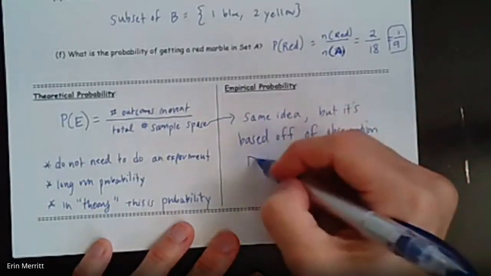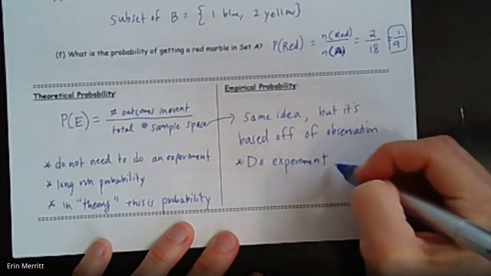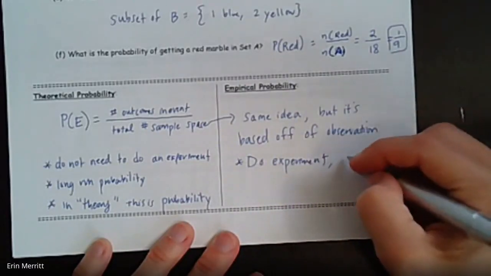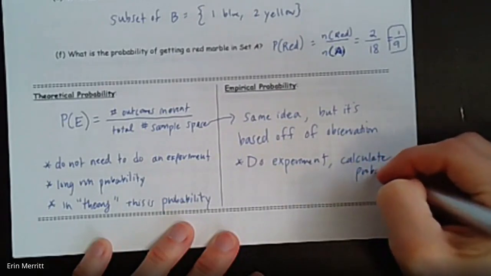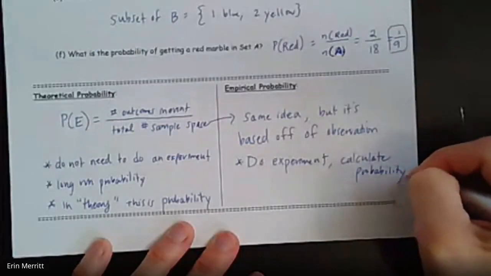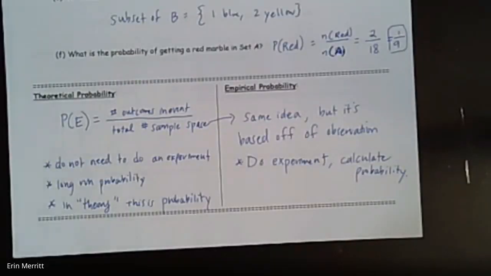So you actually do an experiment, and then you calculate the probability. There you go. All right. But in both cases, it has to be things that are easily measurable. It can't be like, how do you feel about this? It has to be like, what's the chance of picking up the blue marble? It has to be things that can be calculated or measurable that way.